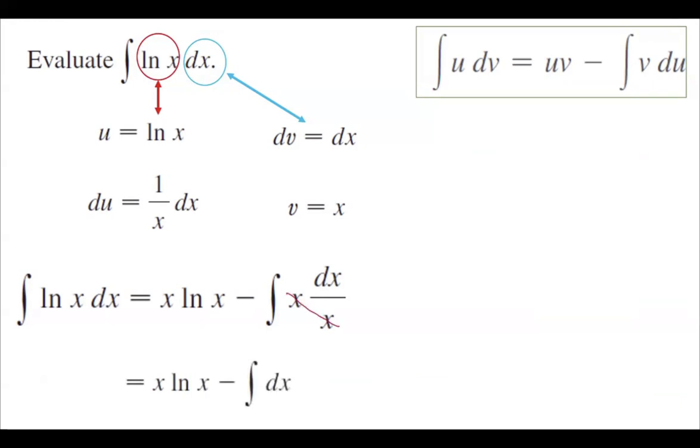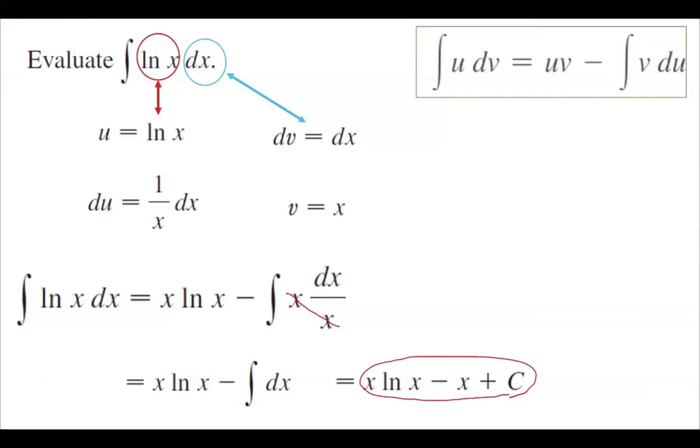You're left with x ln of x minus the integral of dx, which in turn is equal to x ln of x minus the linear term x plus the constant of integration. So this is the method of integration by parts, helping us to calculate some of the integrals that are usually difficult to calculate.